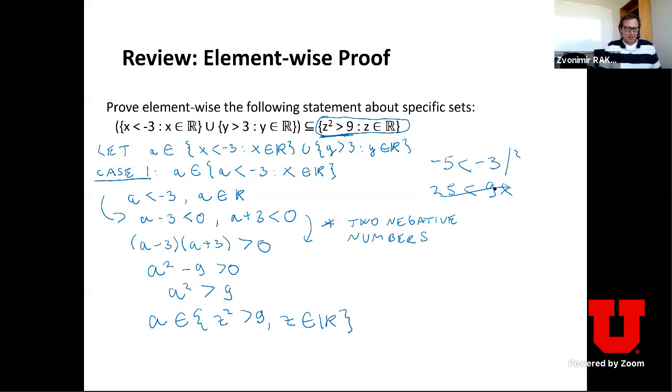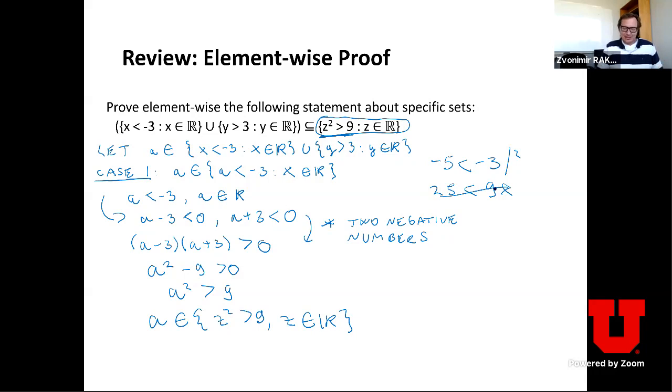Okay, so that was case 1. Let me see what time it is. Case 2 is very similar, 11:06. So in the interest of time, I will skip case 2, and you should do it at home.